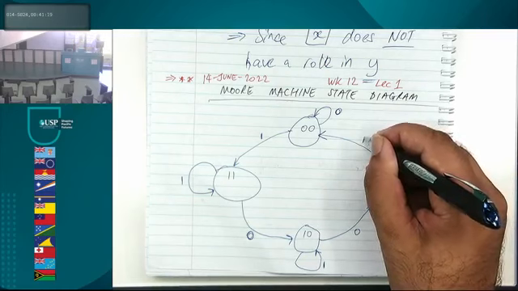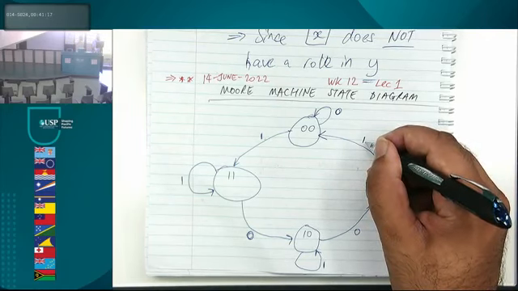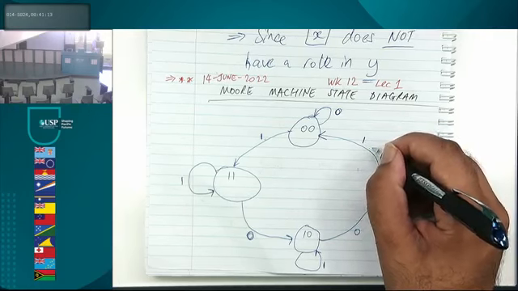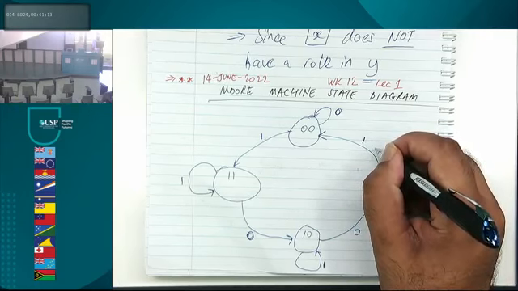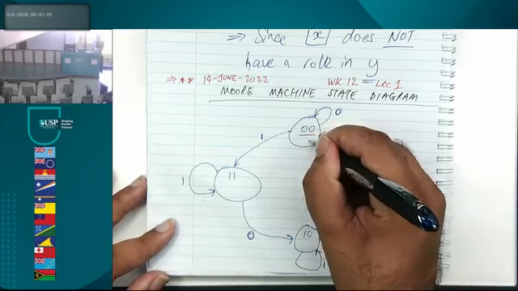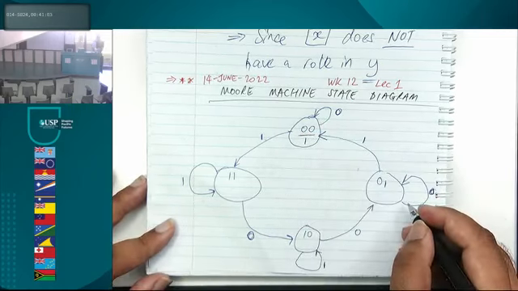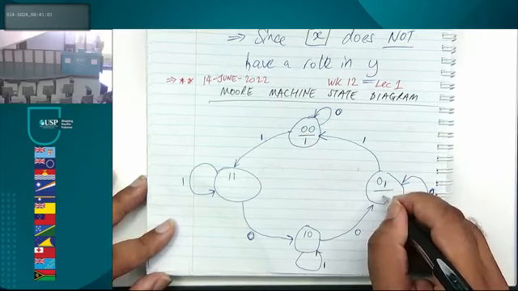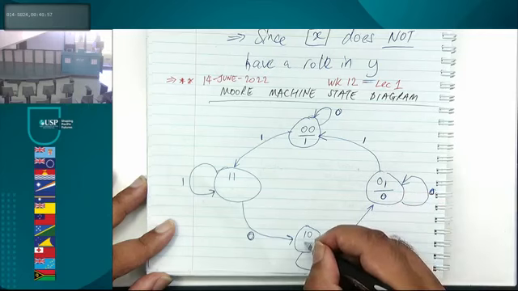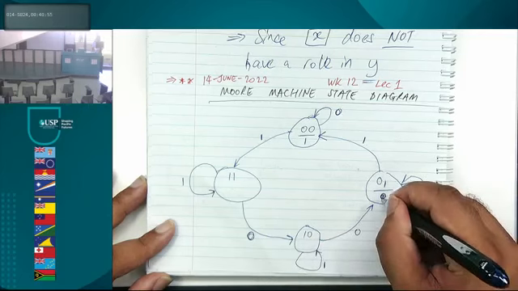What does this number indicate? That number indicates input. Then if you want to put an output, what do you do? You put a slash and then the output. Slash output, right? In a Moore machine state diagram, you put this. Okay, let's make that a 1.